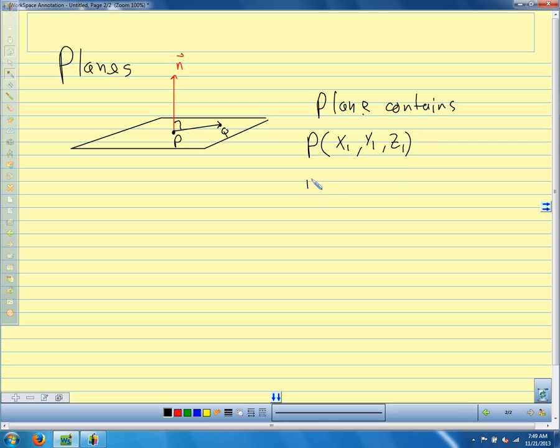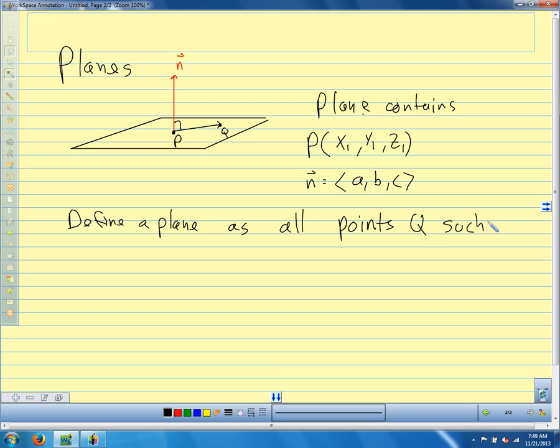And our normal vector N, we'll just call it A, B, C. We're going to define a plane in space as the set of all points Q such that this vector PQ is orthogonal to N.